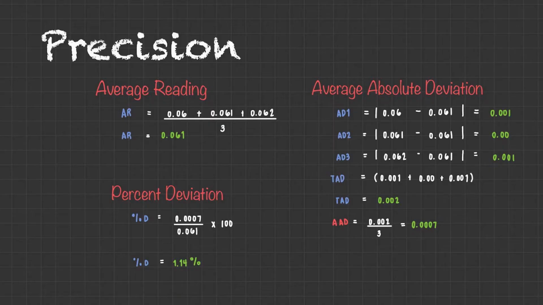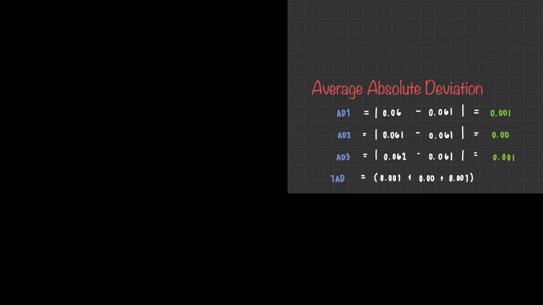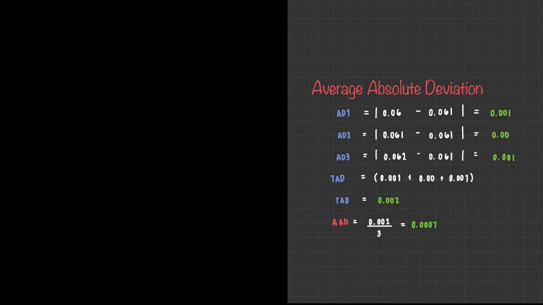For the equation of percent deviation, combine the results from the 3 trials and divide it to the number of trials to get the average reading. Subtract the results from trial 1 to the average reading. Repeat for all the 3 trials. Combine all the differences to get the total absolute deviation. For the computation of the average absolute deviation, divide TAD to the number of trials.